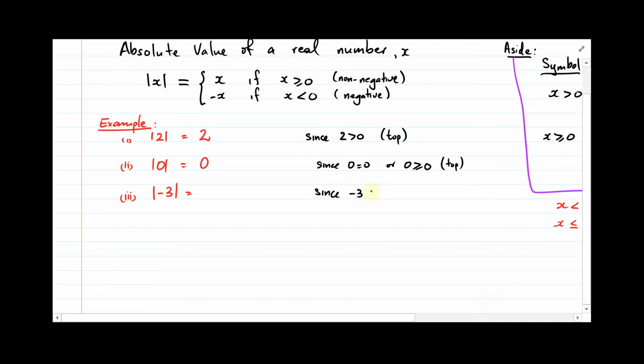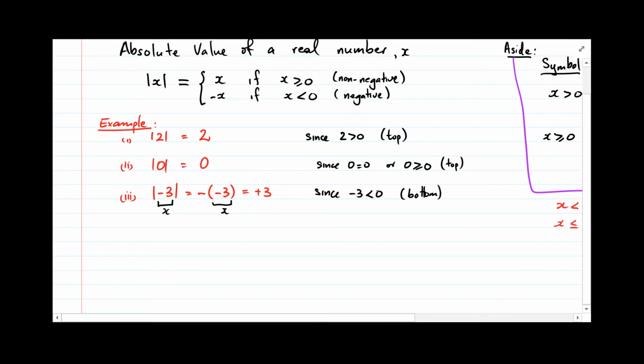Since -3 is less than 0, this time I'll use the bottom expression, and hence I want the negative of -3, the negative of the expression. So this is my x. I'm taking the negative of it, which when we work it out is really just +3.